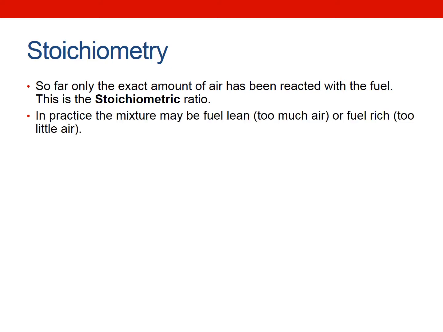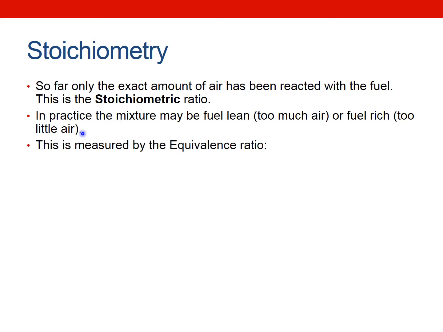But in practice, the mixture may be poorly mixed, or we might not be putting in enough fuel, so it's fuel lean or air rich, you could say, too much air. Or we might have a fuel rich mixture, or air lean, so we don't have enough air to get that perfect stoichiometric combustion.